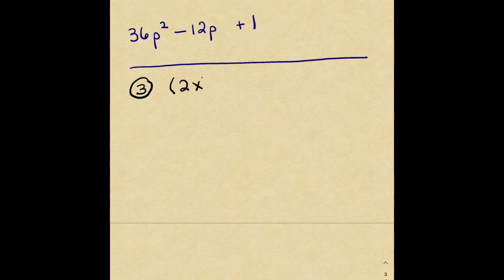Whatever we have here, we have exactly the same thing, only with a minus inside. And so what I want to show you is what happens when we actually use FOIL on this. So here's FOIL. First, 2x squared times 2x squared is 4x to the 4th.